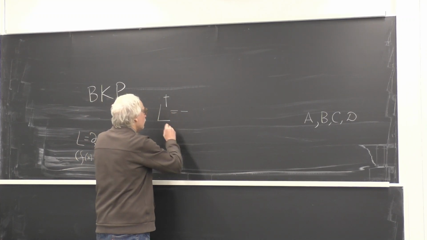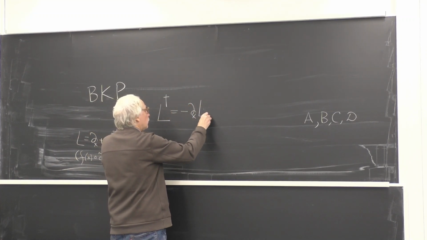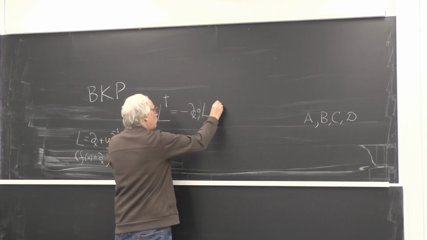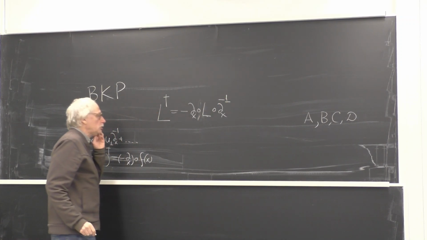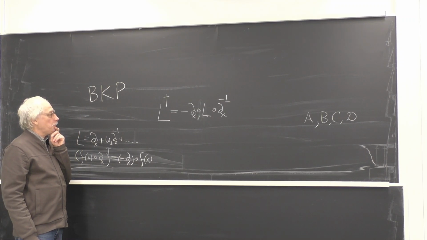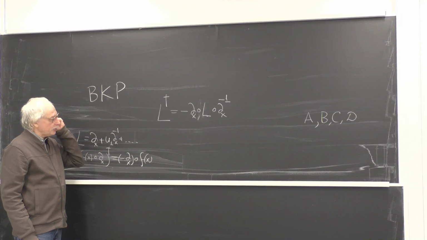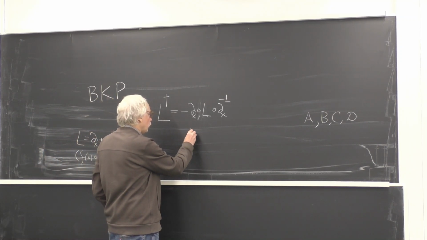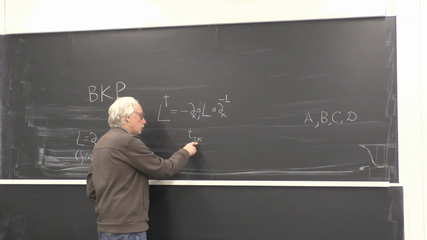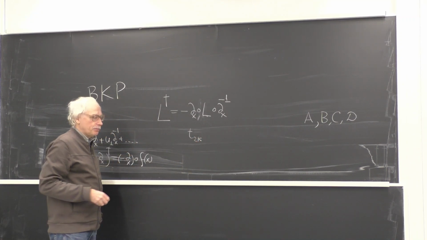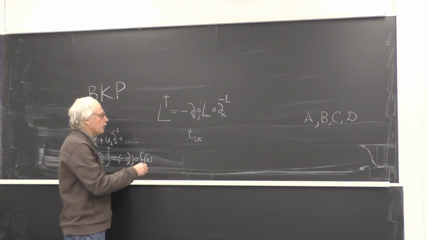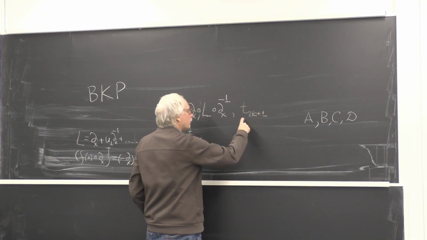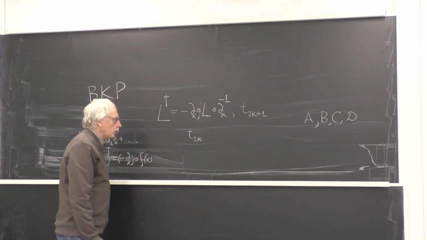And the constraint is the following constraint. This constraint is destroyed by flows with even times and is preserved by flows in odd times.